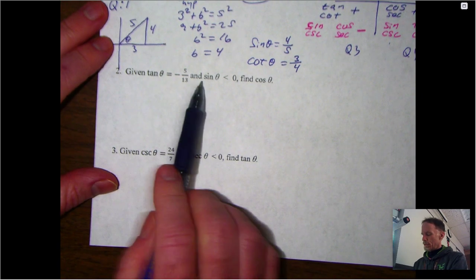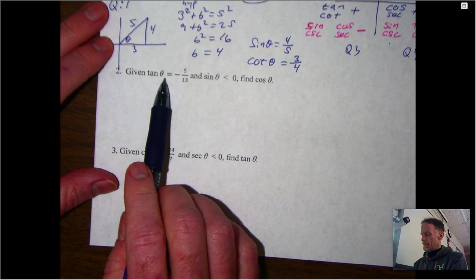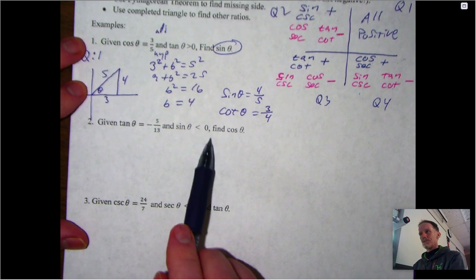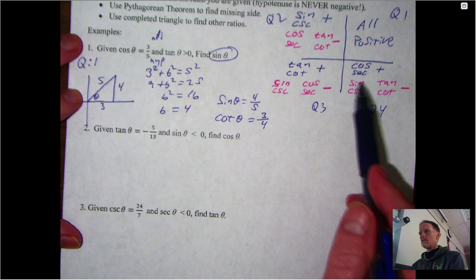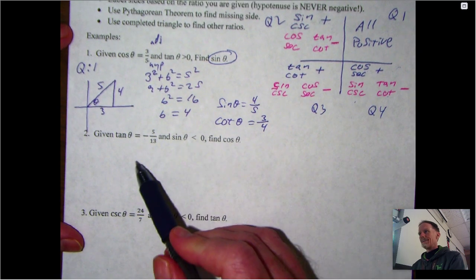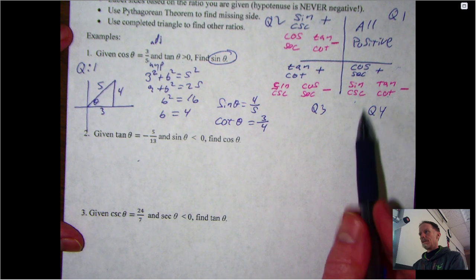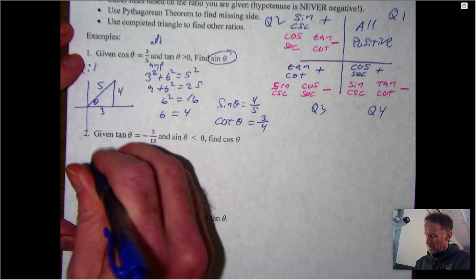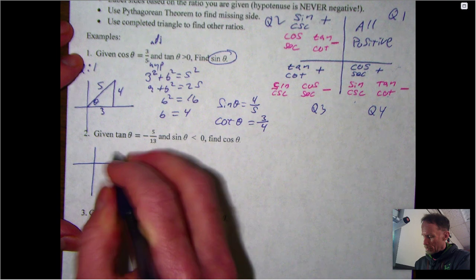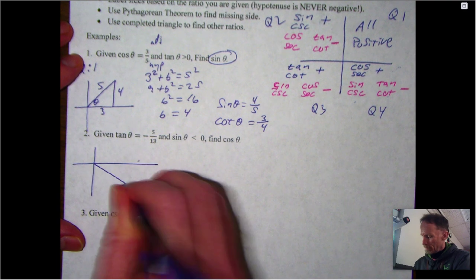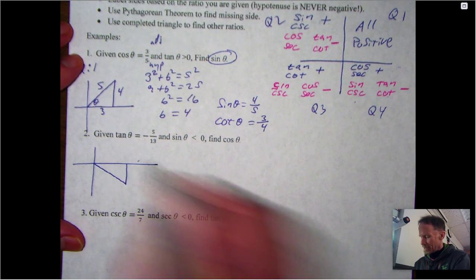Okay, next question. Tangent is negative, and the sine is also negative. Think about your quadrants. In which quadrant is tangent negative and sine negative? That's going to happen in quadrant 4. So again, draw a triangle in quadrant 4, always coming from the origin and always returning to the x-axis.